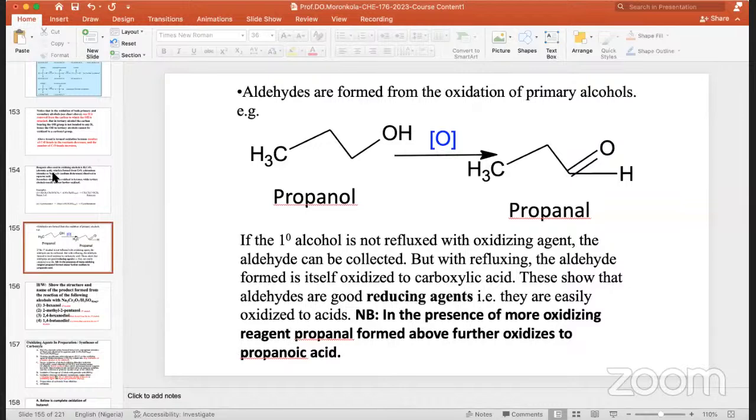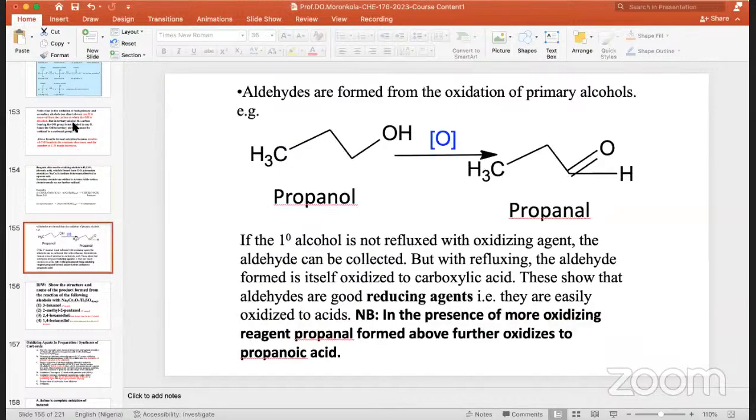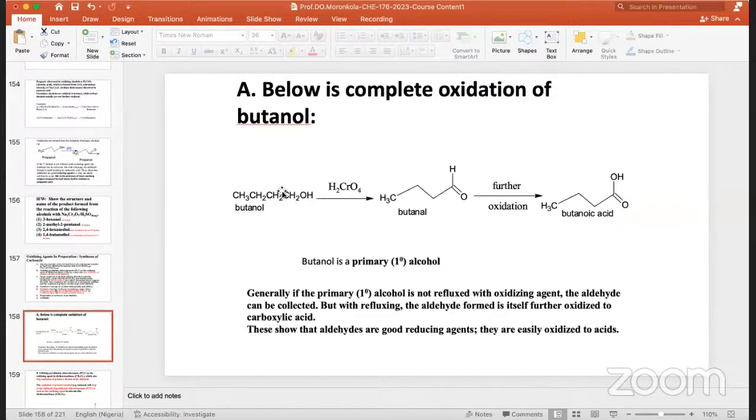This trend, whether you are using a secondary alcohol to form the ketone or a primary alcohol, we will soon see other examples. Whether you are using a primary alcohol like this butanol in oxidation in the presence of these chromium compounds, you find out that this will end up forming the acid. Let me quickly say that is the trend generally.